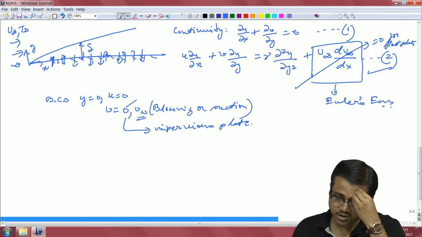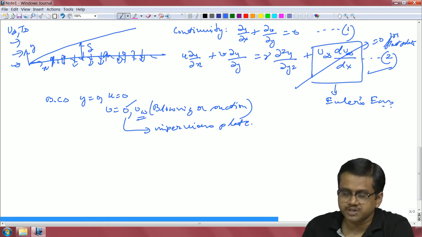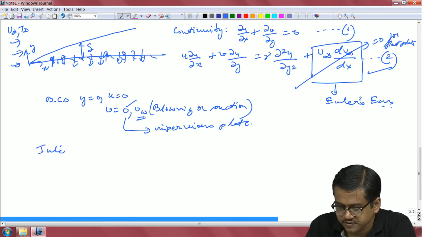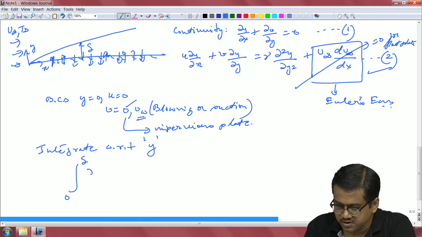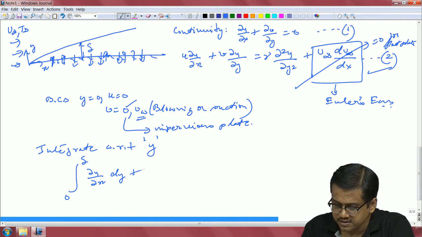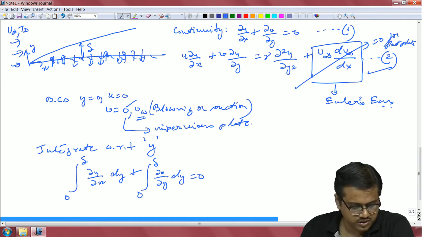So, now what we do is that we take the continuity equation and we integrate it with respect to x. Oh, sorry, with respect to y, because that is the y variation we are trying to take out. So, integral from 0 to delta of du/dx dy plus integral from 0 to delta of dv/dy dy is equal to 0.